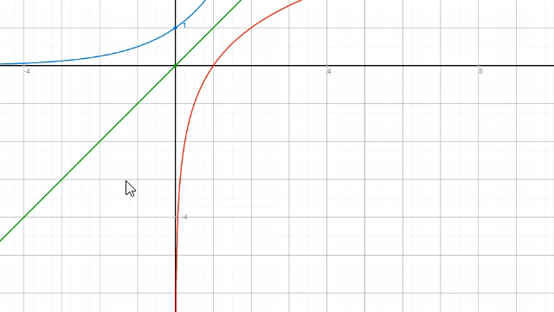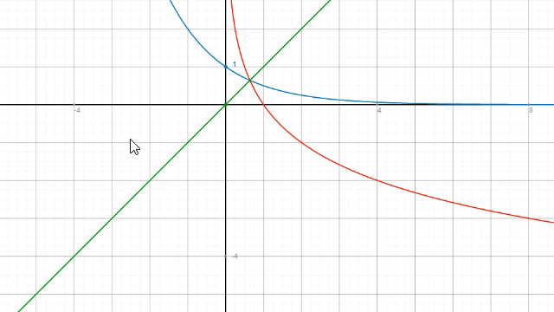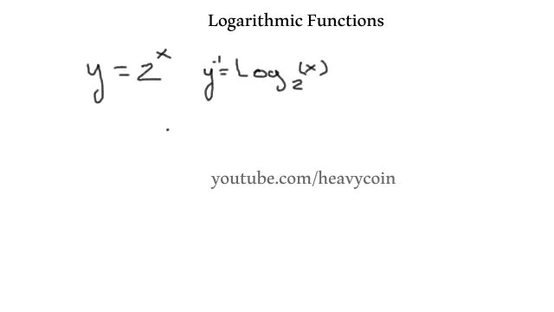Let's take a look at some others. Alright, this blue graph right here is a half raised to the x power, and then this graph here has a base of a half, log base a half of x, which as you can see is decreasing. So let me actually write that out so you can see that.